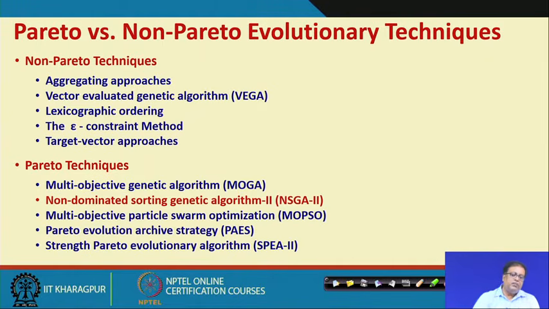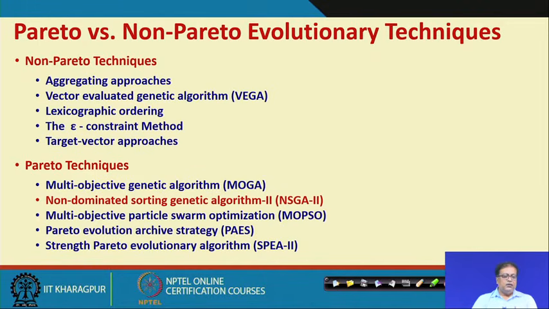Here are some non-Pareto techniques: aggregating approaches, vector evaluated GA, lexicographic ordering, epsilon-constraint method and target vector approaches. Some of the Pareto techniques include the multi-objective GA, non-dominated sorting GA, particularly NSGA-II that we shall discuss, which is why it is highlighted. Then multi-objective PSO, Pareto archived evolution strategy, and strength Pareto evolutionary algorithm.